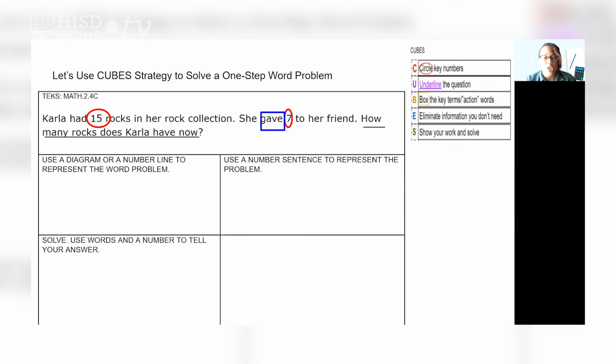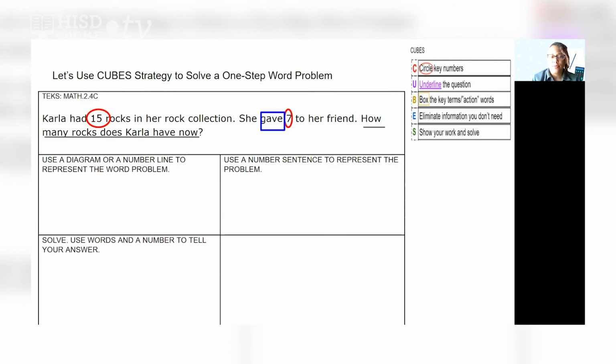So what operation would I use to solve? Ding, ding, ding, ding. If you said subtraction, give yourself a truck stop. Honk, honk, beep, beep. Good job, little buddy.